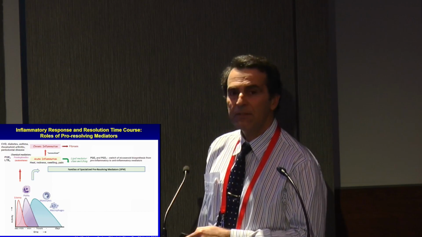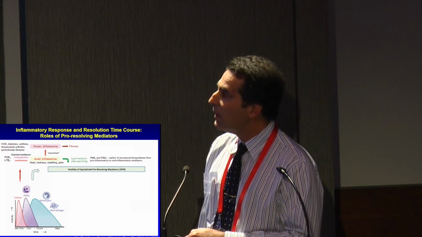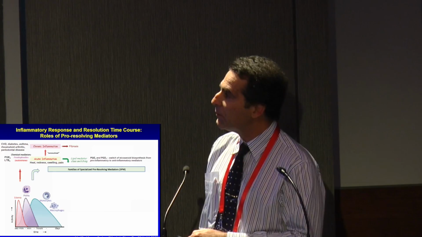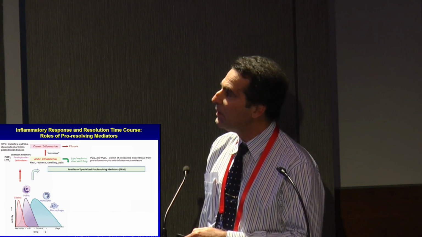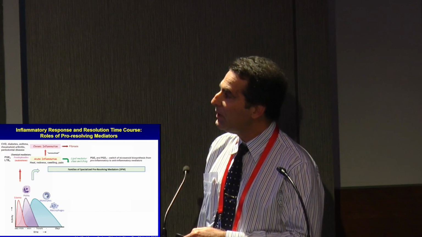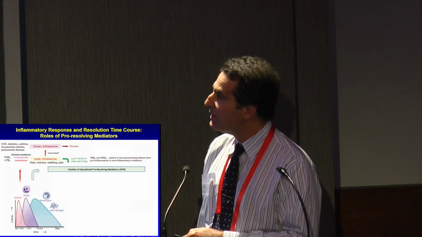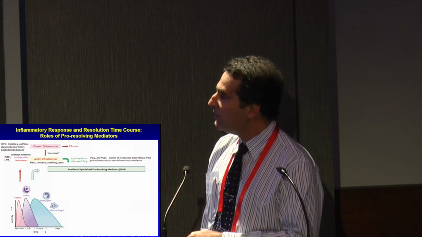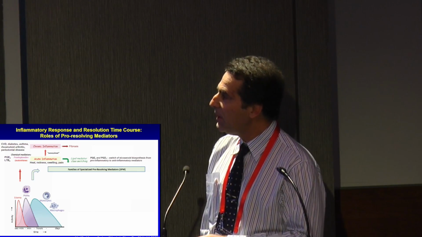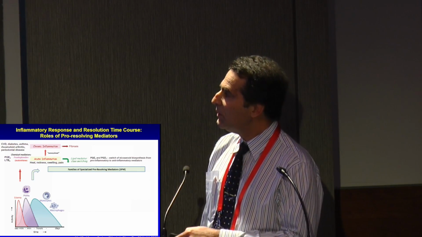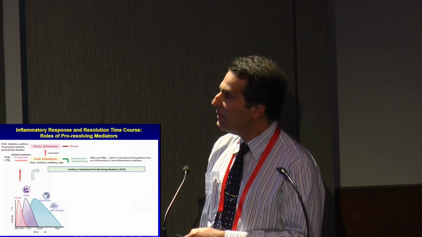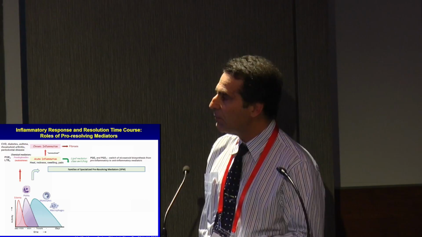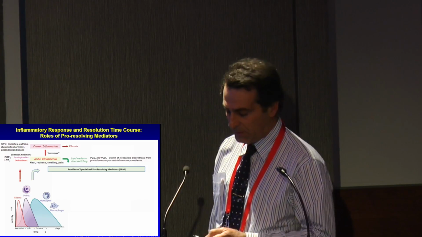It's not really understood how this happens, or the mediators that are responsible for this, but it's thought to be partly due to PGE2 and PGD2. What this does is it switches these monocytes, macrophages, and PMNs to generate lipid mediators that actively resolve the inflammation and return the system to homeostasis.